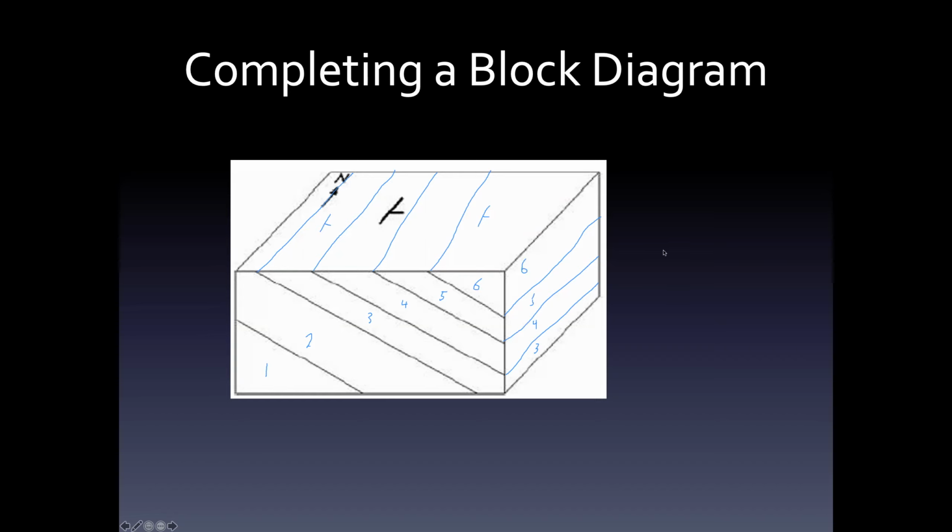So I'm hoping you're seeing this, is if we have a set of horizontal beds, numbered 1, 2, 3, 4. And if I compress this, I can result in the beds being tilted.